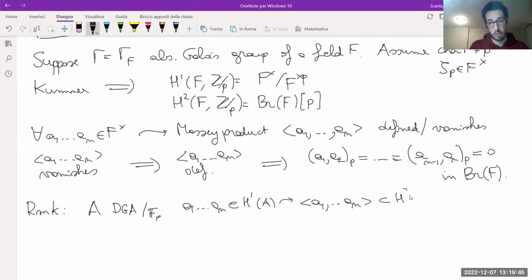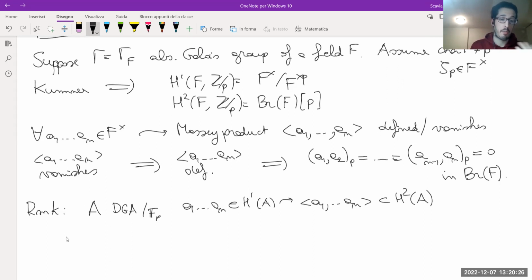It's a subset of H2, and the definition becomes complicated. It's still reasonable for n equals 3, but already for n equals 4, there are many conditions. Basically, you have to take the lifts of these a_i, and they have to satisfy some recursive conditions, which become very cumbersome to write down. You take all these liftings with these properties, and you use them to obtain elements in H2. The collection of all these elements will be the Massey product of a1 through an.